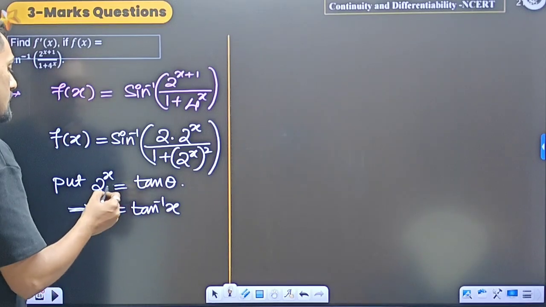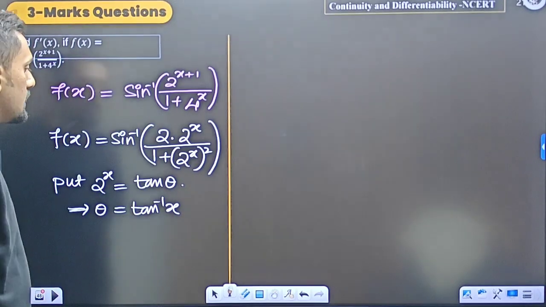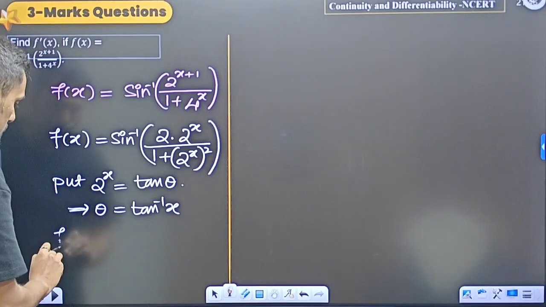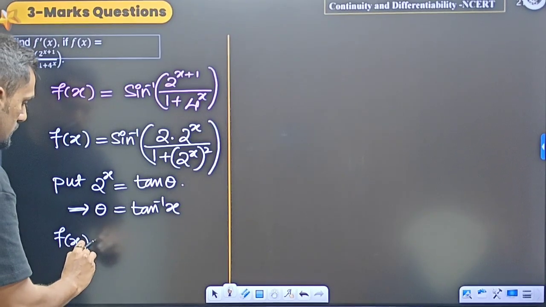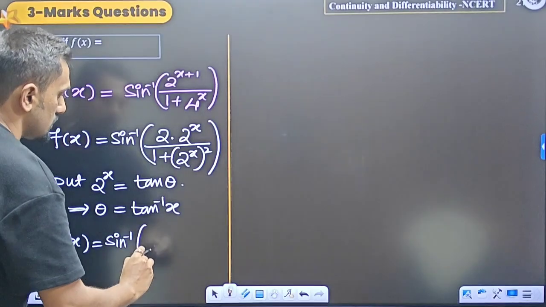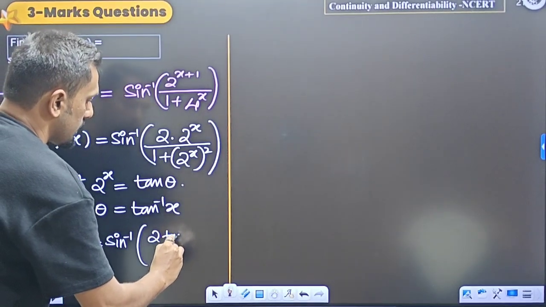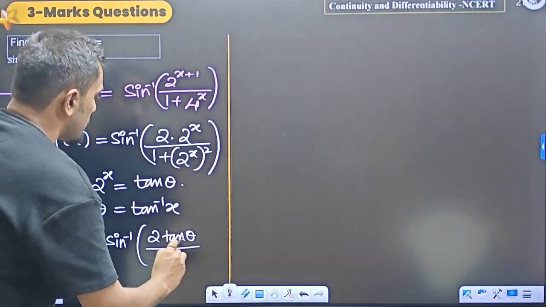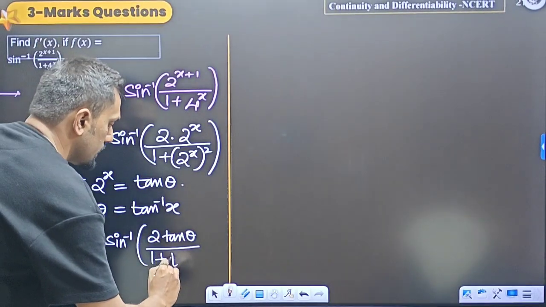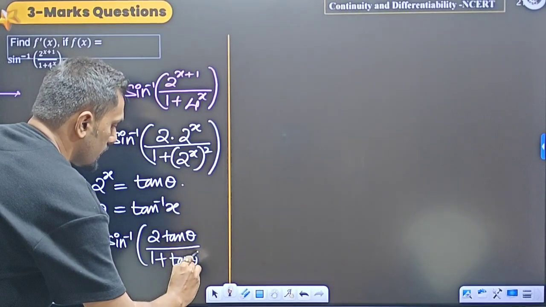After substituting 2 raised to x as tan theta, this f of x gets reduced to what? f of x is equal to sine inverse of 2 tan theta divided by 1 plus, the 2 raised to x squared becomes tan theta square.